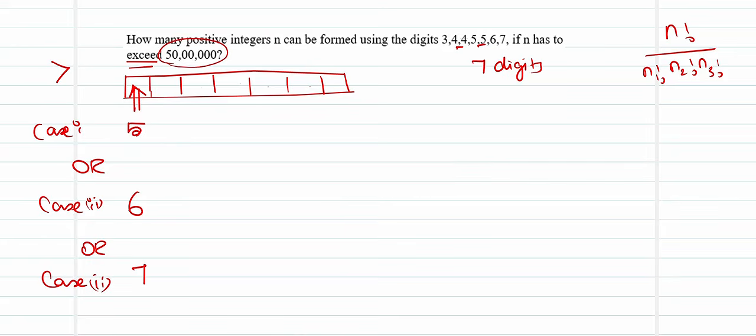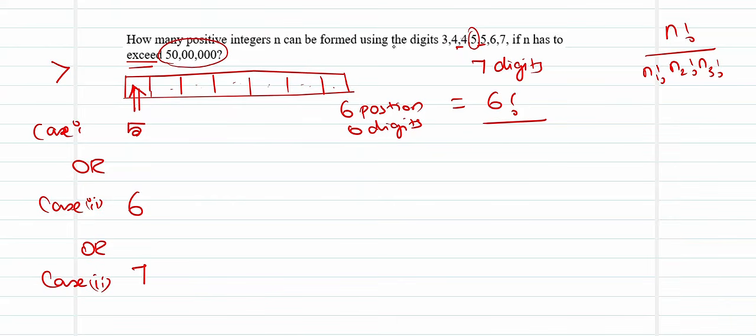So suppose you are beginning the first digit with 5. Out of these elements, 5 has already been fixed, and now I need to fix the 6 positions using 6 digits, in which some of them are going to be repeating in nature. So the number of ways is going to be 6 factorial divided by the repetitions.